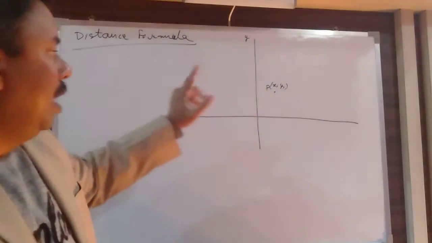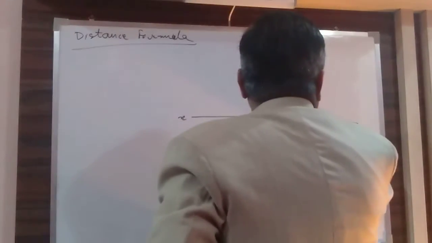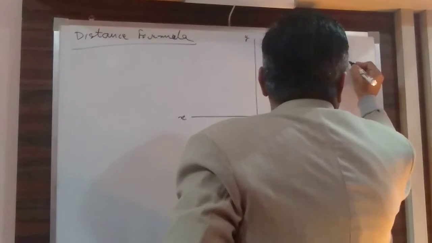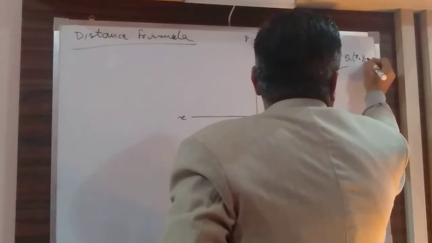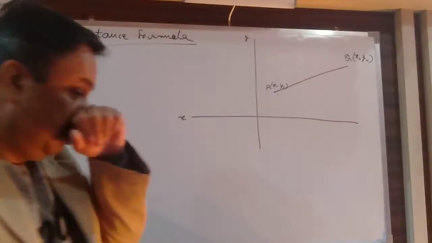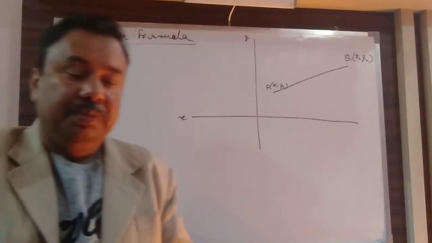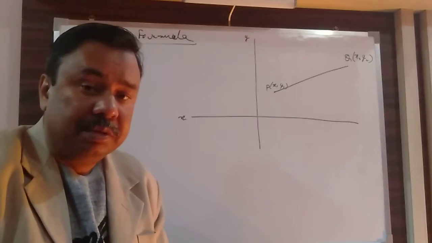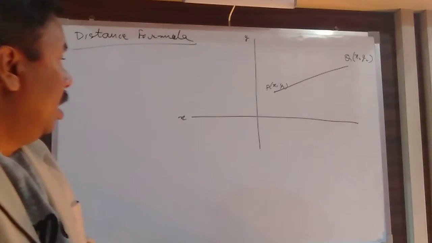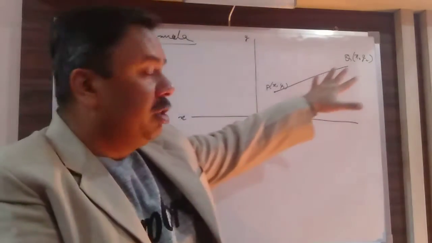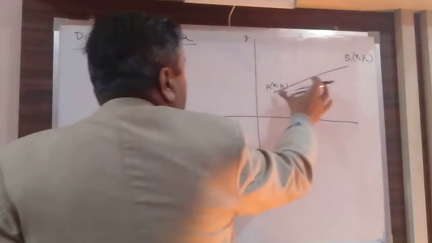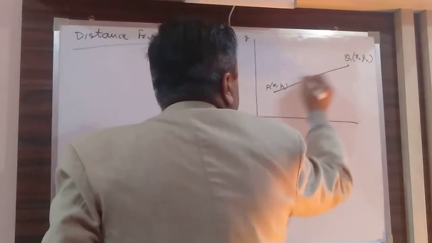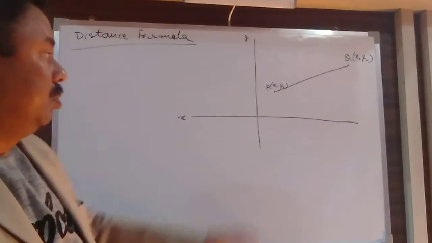Okay, I have got another point Q whose coordinates are x2, y2. Now, as I said, both points have got two coordinates. So I have to find out the distance between P and Q, that is the length of PQ.